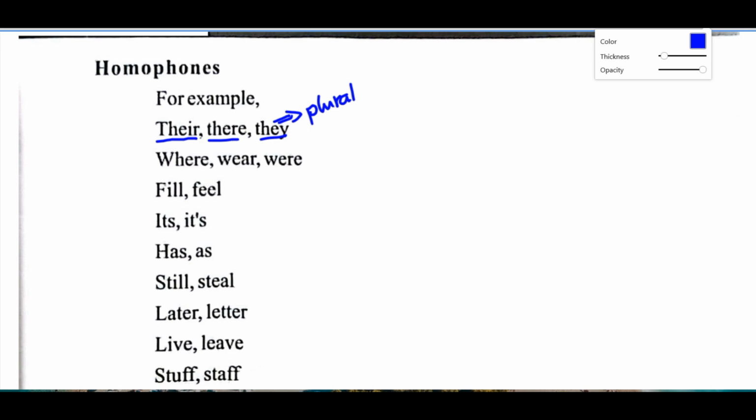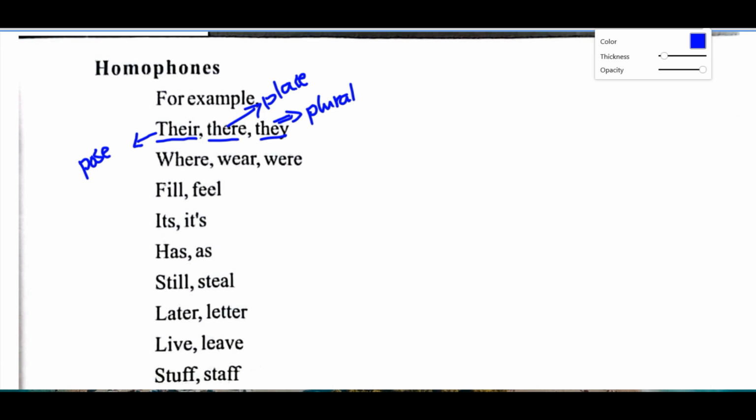So for example, you can say they are coming to see us today. They are writing their exams today. Then this there is for a place. I'm coming there to see him. Then the one with IR, this is now for possession. You want to say, oh, that's their car. This is their car. So this is the one that you are supposed to use.